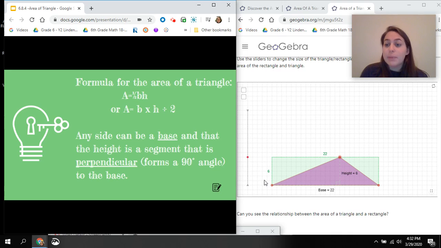Any side can be a base, and the height is a segment that is perpendicular, meaning it forms a 90-degree angle, to that base and the opposite vertex. Make sure you're writing down your formulas as you dive into your independent practice for the day. Good luck.